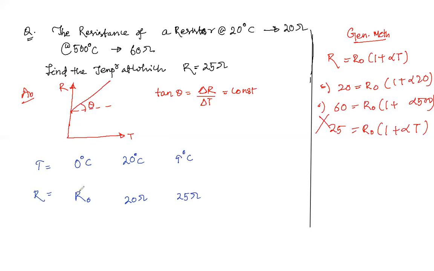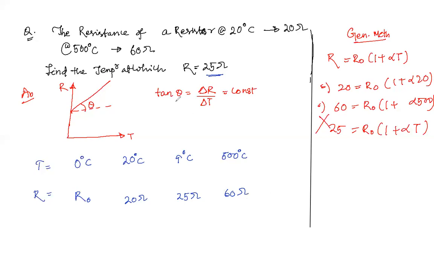Because this value is not known to us. At 20 degrees, it is given as 20 ohm. 25 will come somewhere between them. The next temperature is 500 degrees centigrade, where it is given as 60 ohm. So definitely at T degree centigrade, if the resistance is 25 ohm, it should lie between 20 and 60.